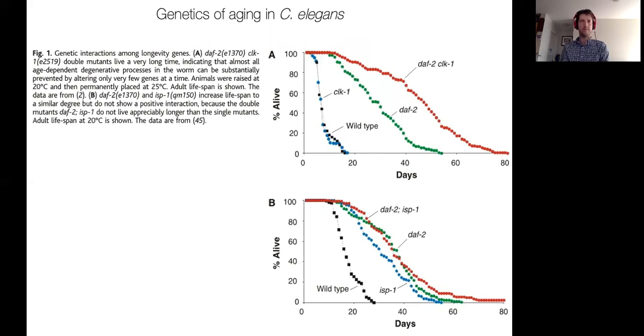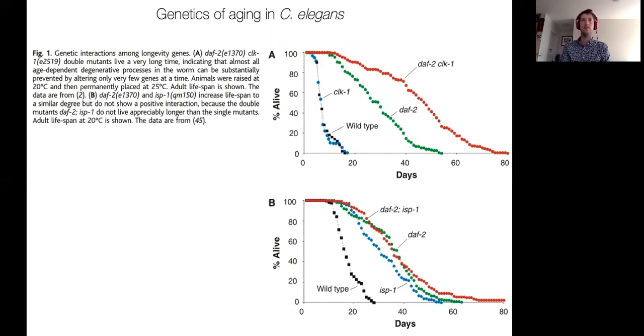Totally amazing. And the bottom panel, B, from the same study, looked at another modifier gene that modifies the evolution of senescence called ISP1. The point here is that when you have ISP1, these nematodes live longer, but it doesn't have a positive effect in conjunction with DAF2.